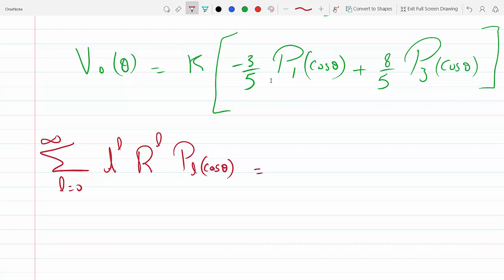Okay, so this has to equal my surface potential, which is minus 3/5 k P1 cosine theta plus 8/5 P3 cosine theta.